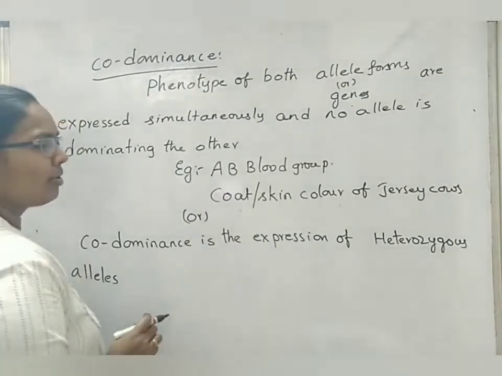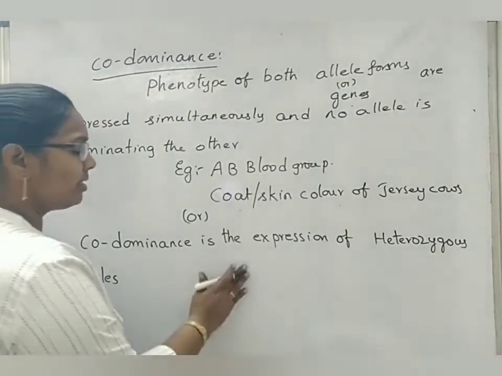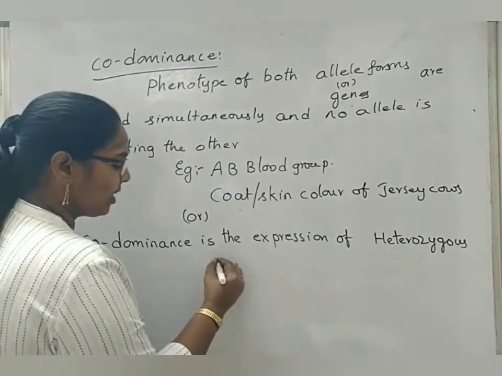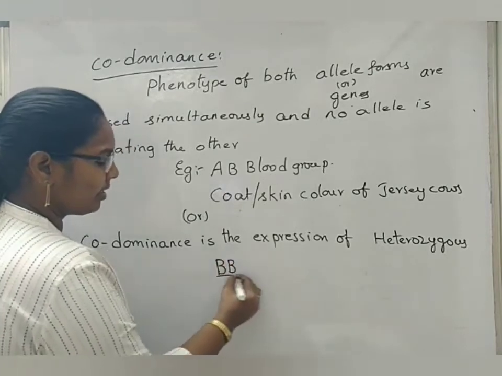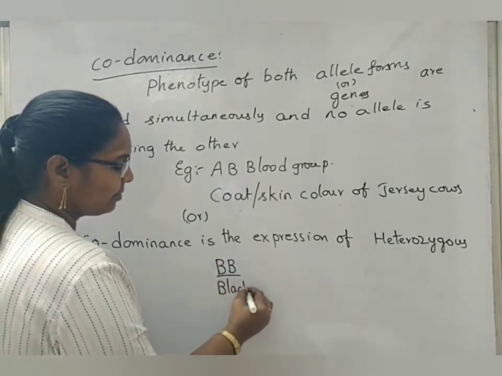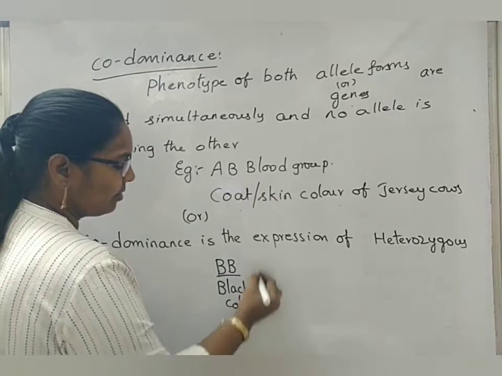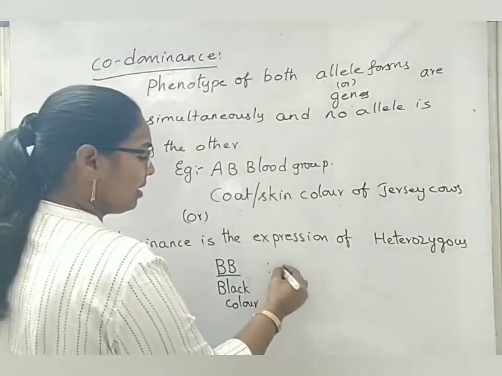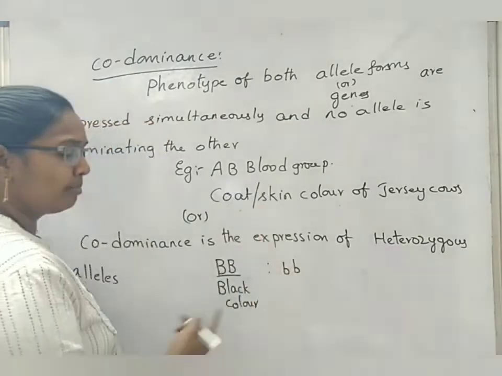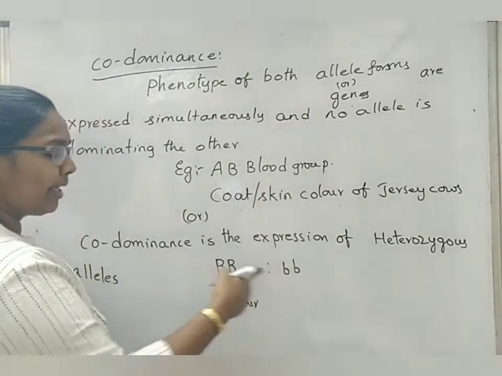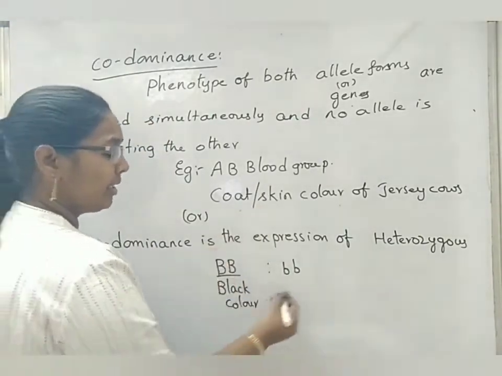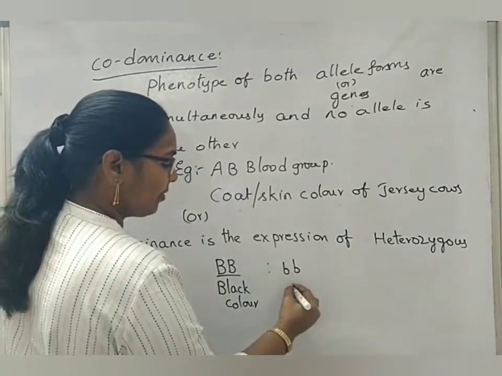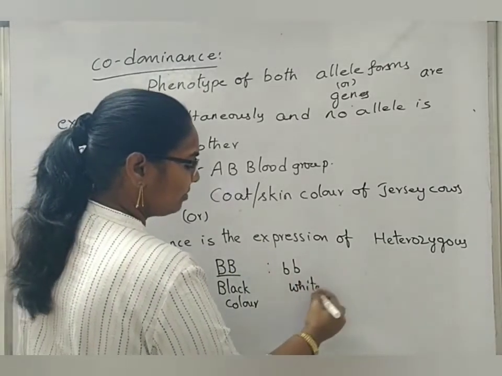For this, we can clearly take the skin or coat color of Jersey cows. Suppose there are some dominant genes which are responsible for black color. The same cow also has other genes, which are also behaving as dominant alleles, responsible for white color.